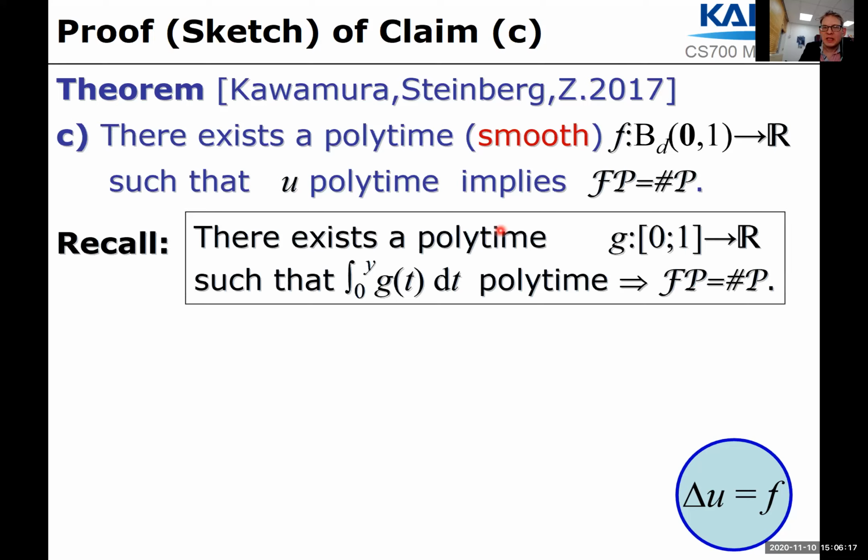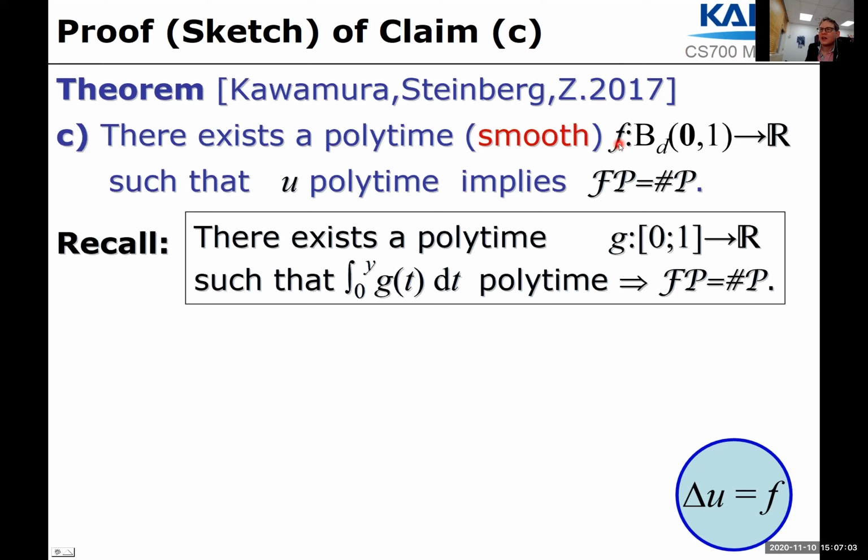And to this end, let's recall in what sense indefinite Riemann integration is sharp P complete, namely in this sense: there exists a polynomial time computable function whose parametric integral, the indefinite integral, is polynomial time if and only if FP is equal to sharp P. And we're going to use that and encode not an arbitrary sharp P problem as we did when we proved the existence of this function, but instead we're going to encode this function itself into the right-hand side of the PDE, right?